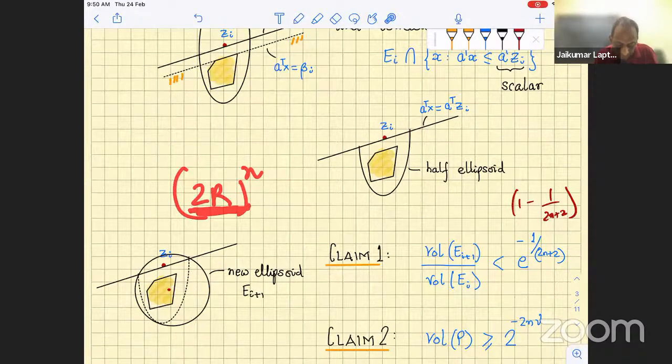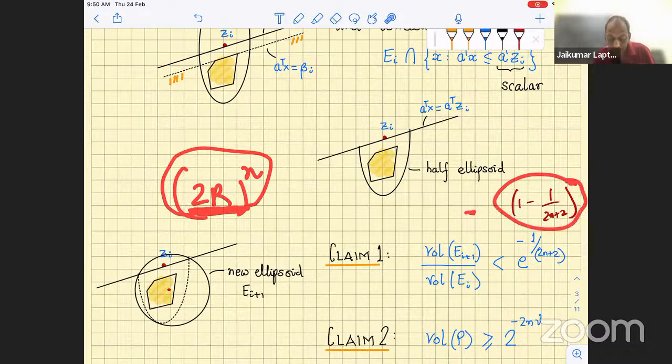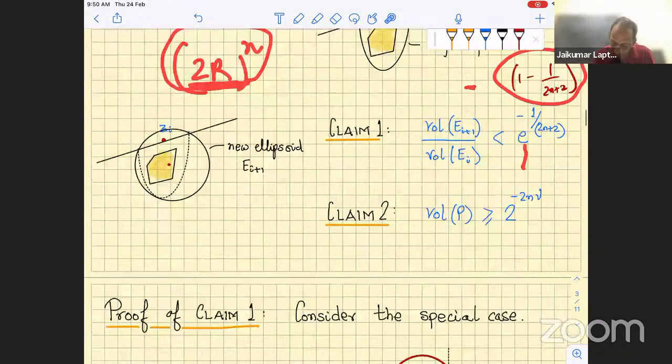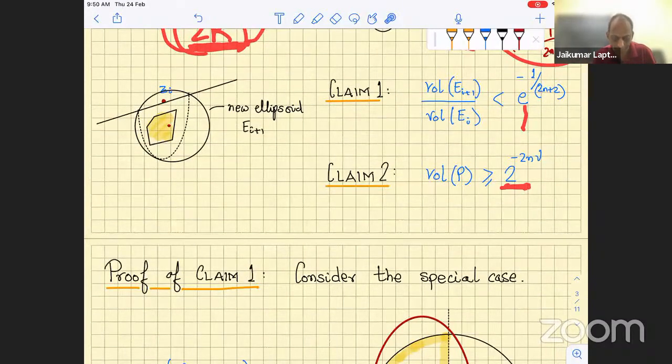So this was the size of the original ellipse, and it is going to be hit by this number exponentiated with the big power, and that's going to eat into it, and soon enough it will fall below this, and that would be a contradiction. So that gives you a polynomial bound on the number of steps needed before you find the feasible solution. This is the main idea of the ellipsoid method.